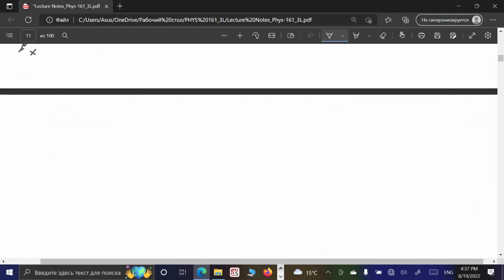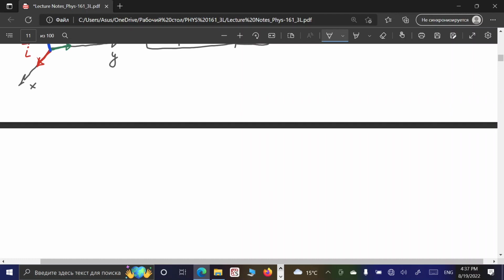Now, after we are done with this, we can try to get the analytical calculation of the cross product of two vectors in three-dimensional space. So let us give here vector a: it will be ax times i unit vector plus ay times j unit vector plus az times k unit vector. Similarly, we write for vector b.